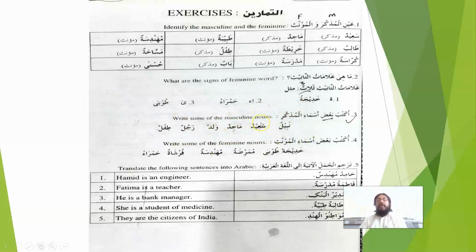So you have to practice this one also. Some few masculine names and few feminine names. What are these? Nabilun, Sa'idun, name of a person. Majid is also name of a person, masculine names. Waladun, a boy, masculine. Rajulun, a man, masculine. Tiflun, a child, this is also masculine. Practice waladun, rajulun, tiflun.